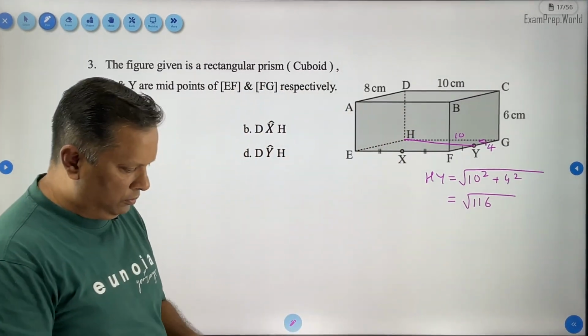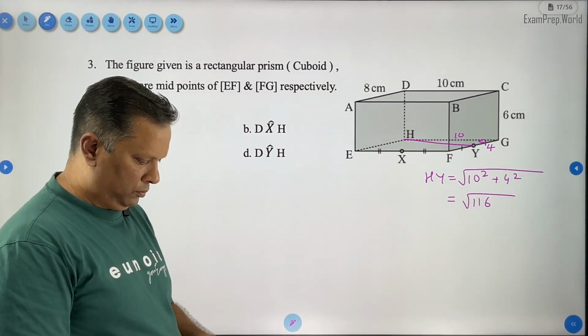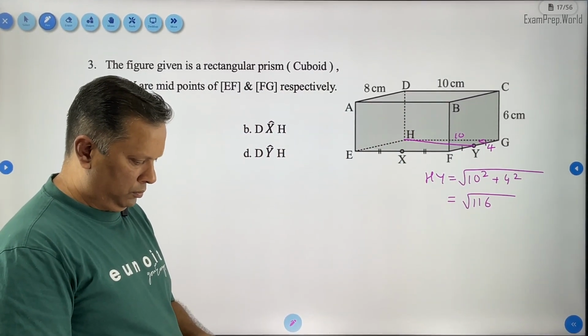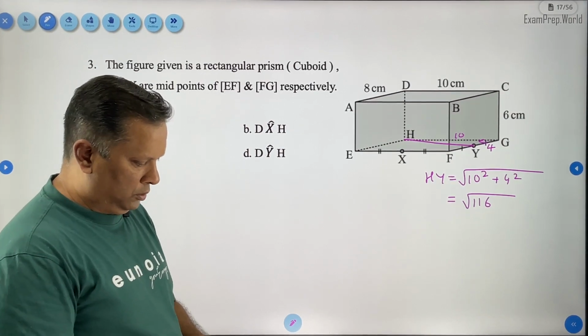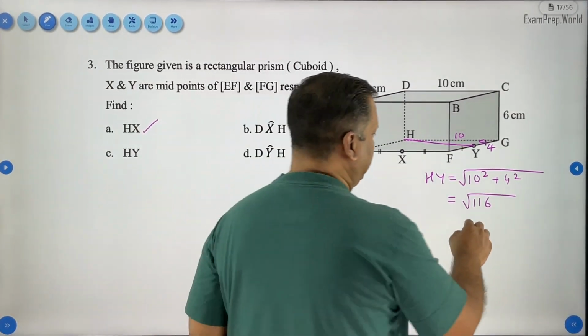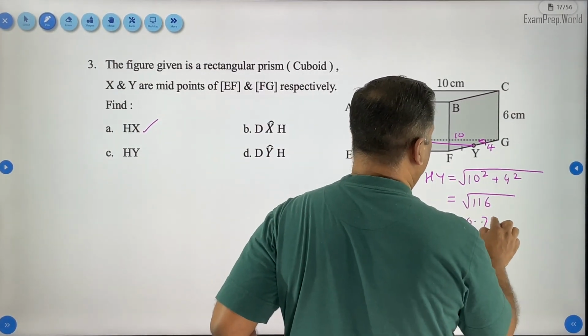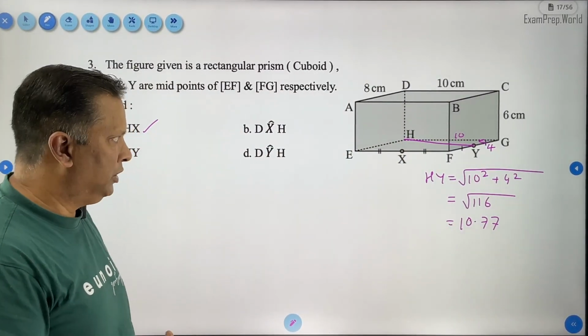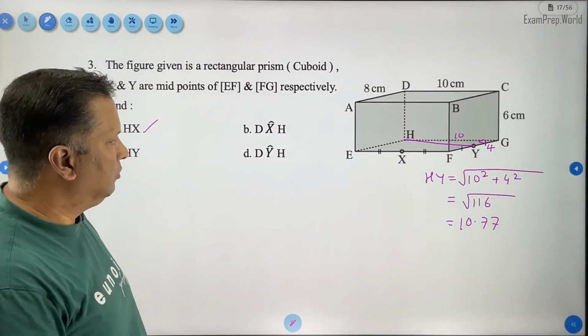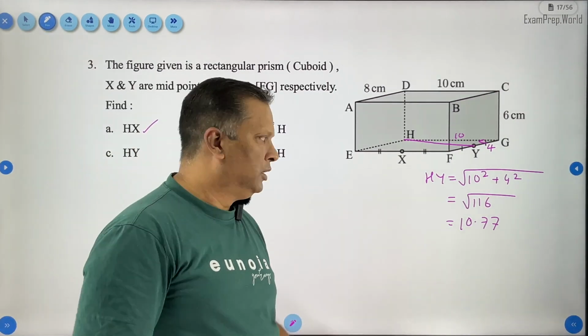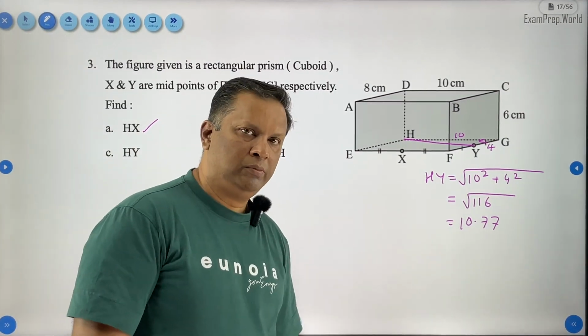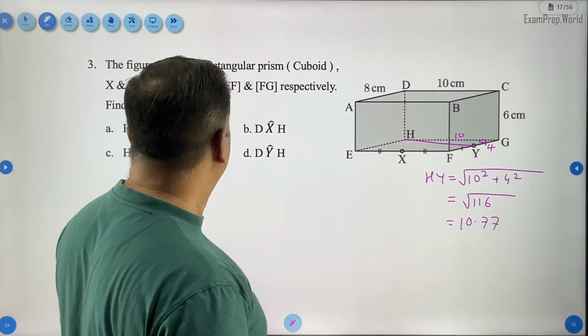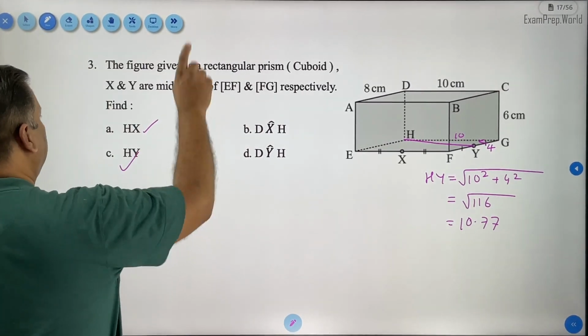What's the value? 10.77. I've set my calculator to 2 digits decimal, that's why it's rounding off to two decimal digits. Always keep 2 digits after decimal. That's good enough. So HX is done, HY is done.